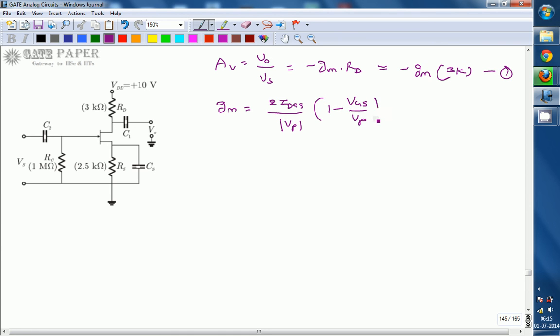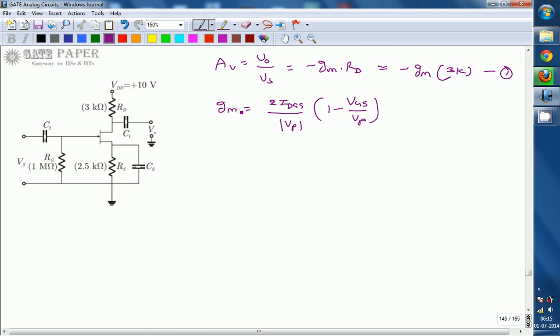VGS is the gate to source voltage under DC conditions. Gm is the transconductance of the JFET, defined as 2 times IDSS by Vp multiplied by 1 minus VGS by Vp.